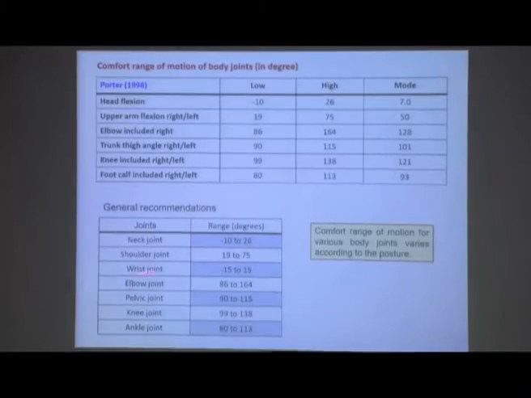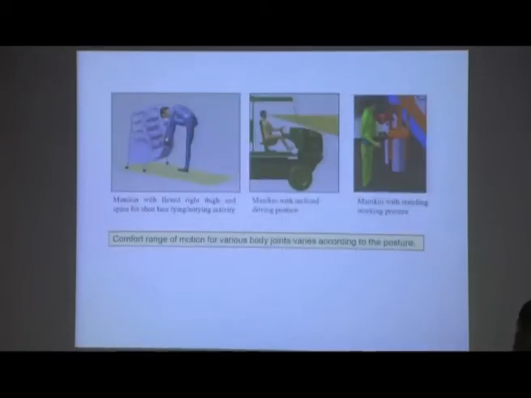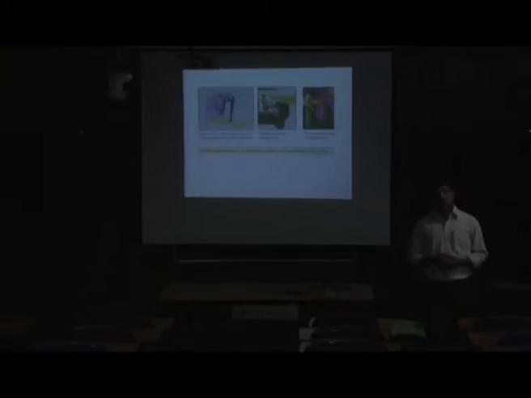Similarly, for general purpose, for automotive industry, for driving posture, we can use this type of body joint angles. Now, this is important. The comfort database for driving posture is not applicable while we are evaluating any task in standing posture.